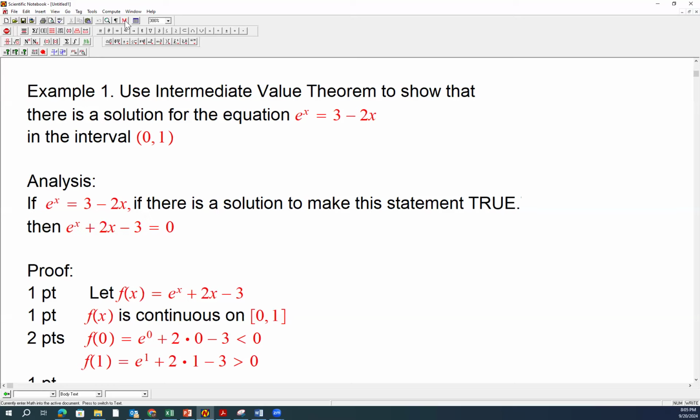This is the clue as to the choice of function.